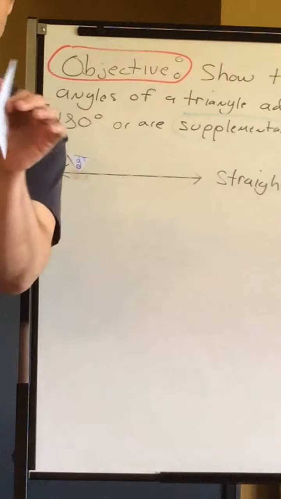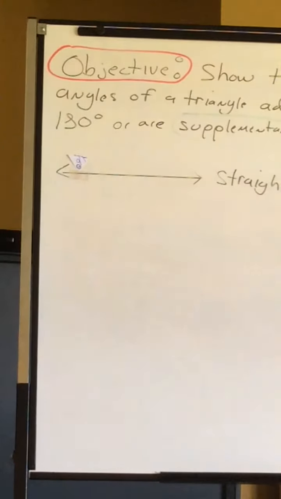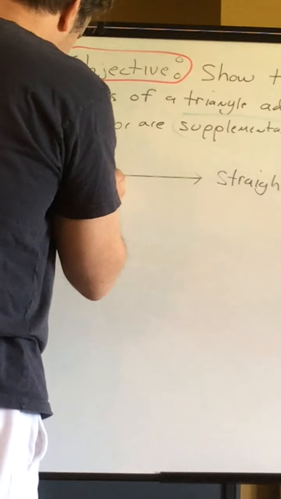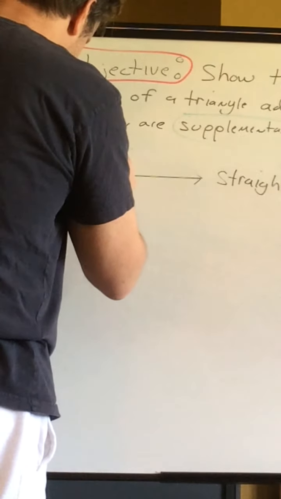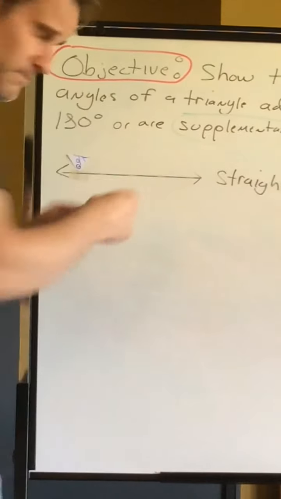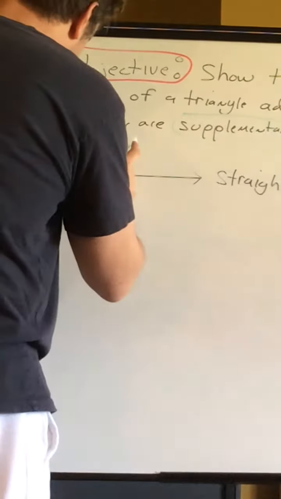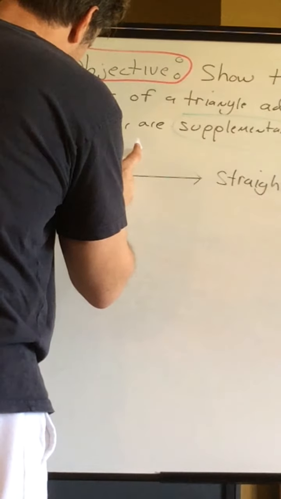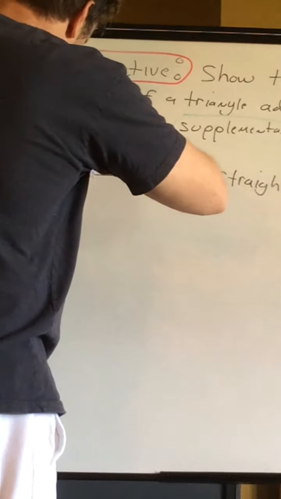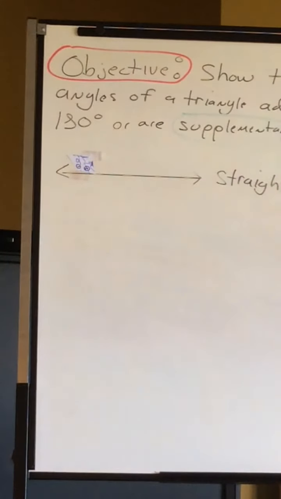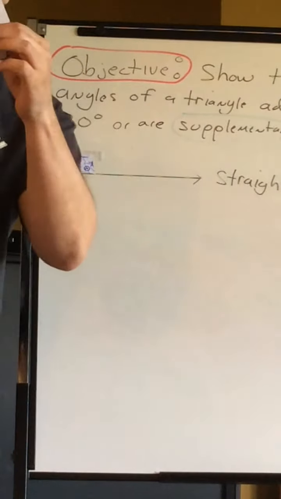Now I'm going to take my triangle. I'm going to cut angle 2 out. So if you have an obtuse or a right triangle, you're cutting the angles. You're going to line up angle 2. And then finally, you're going to take your triangle, you're going to cut the third angle.